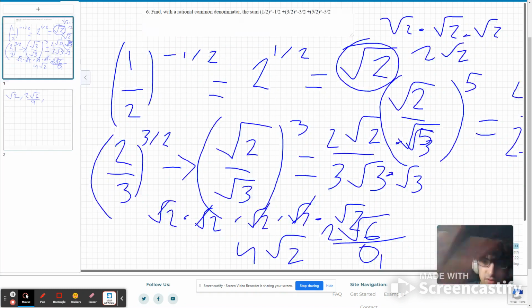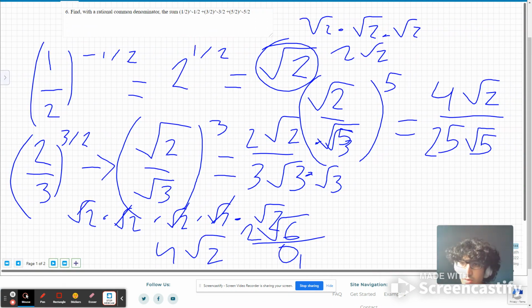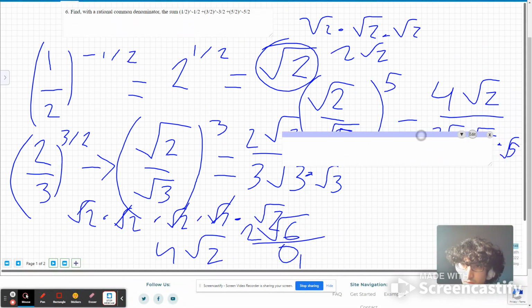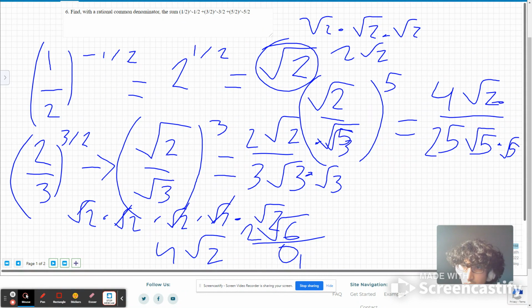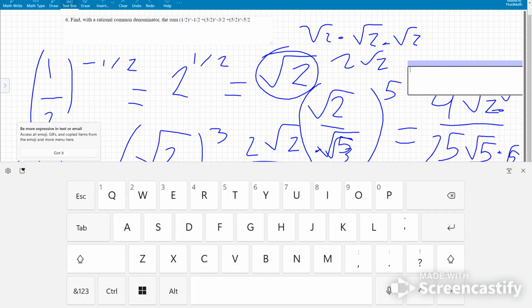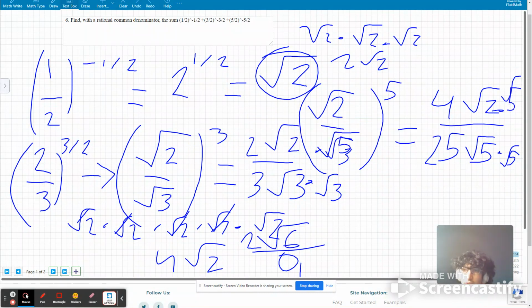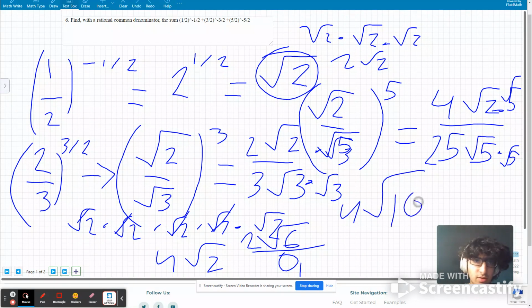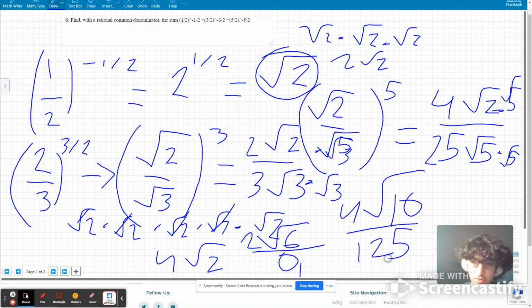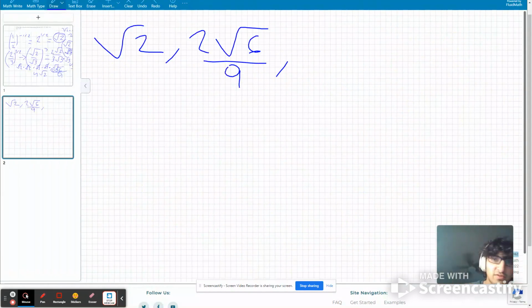And then the last one, let's multiply by root 5. Okay, so we have 4 root 10 over 25 times 5 is 125. So 4 root 10 over 125.